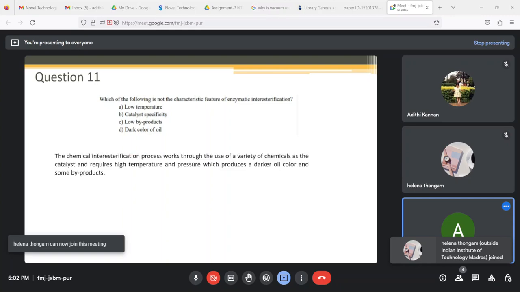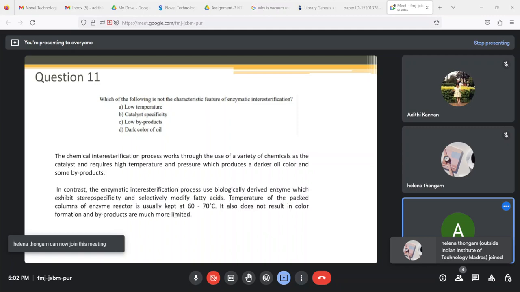In a chemical interesterification process, you use a variety of chemicals and a high temperature and pressure that produces the dark color of the oil and more byproducts. Whereas in an enzymatic interesterification, since it's a biologically derived enzyme, it has a lot of stereospecificity and selectivity. So it can specifically change only what you want.